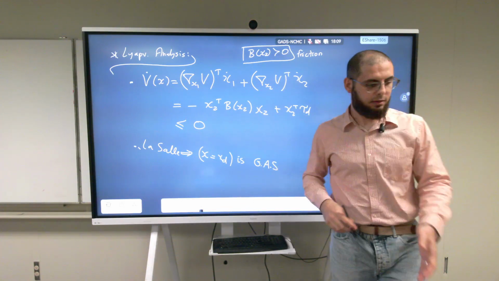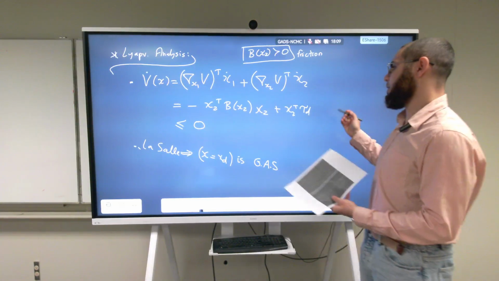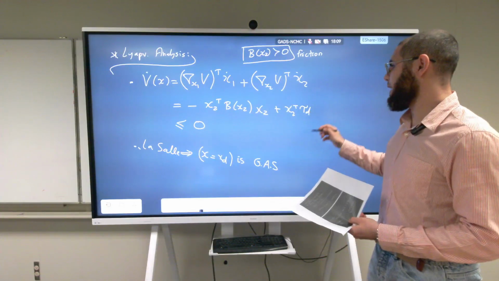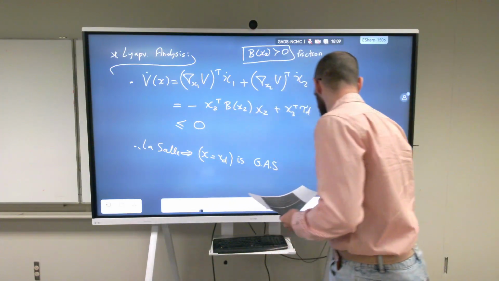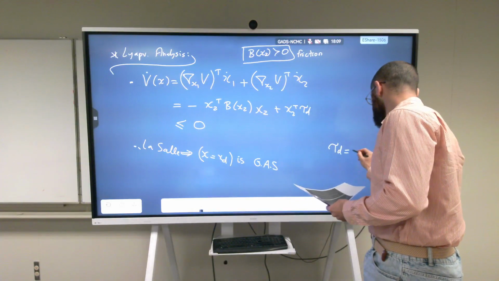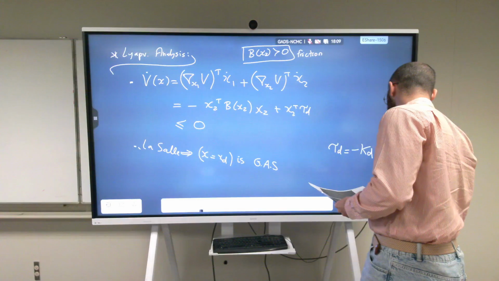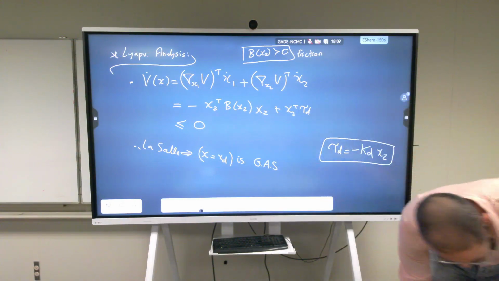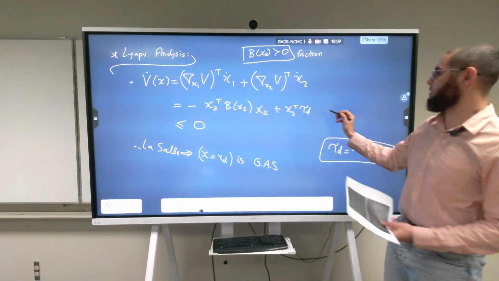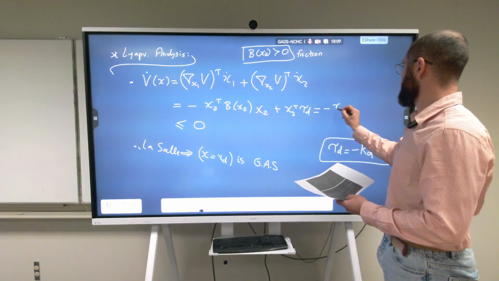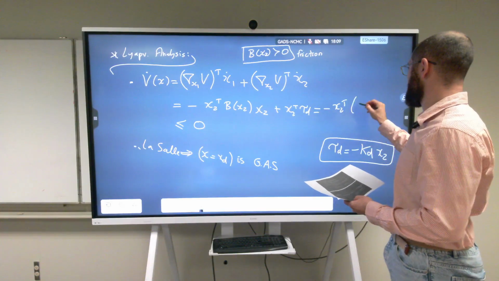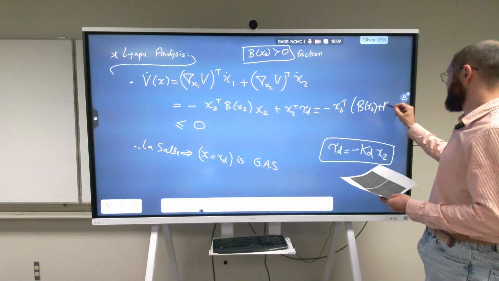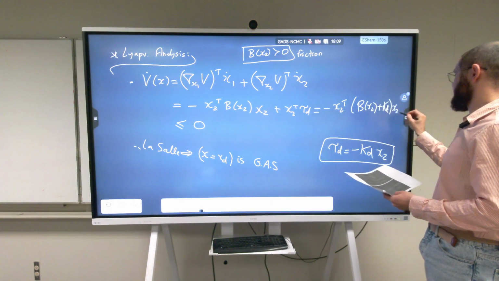Okay, so in real life, what we're going to be doing, we're not going to assume that tau d is equal to 0. You're going to choose that tau d is equal to minus kd multiplied by x2. Okay, if you plug that in here, this term becomes minus x2 transpose times b of x2 plus kd, multiplied by x2.